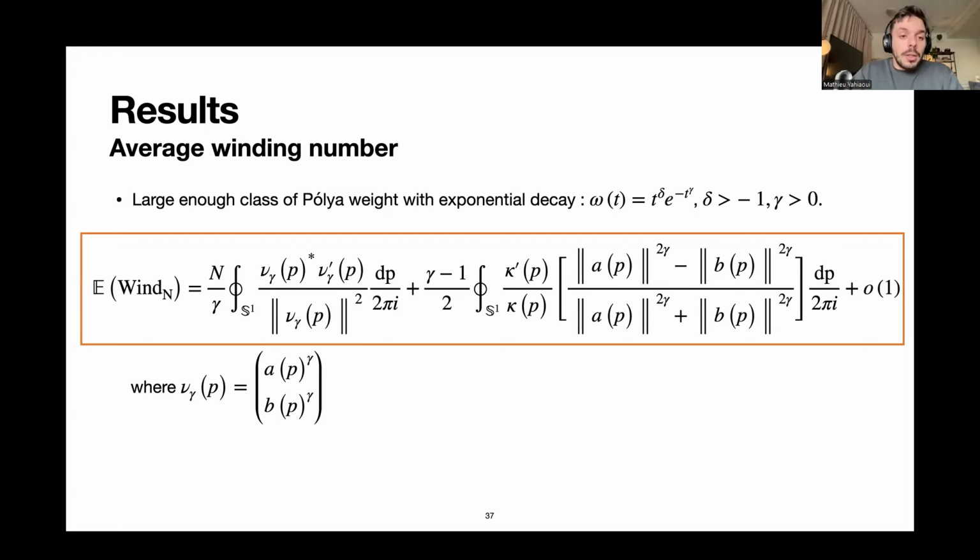In particular, the leading order term, of order n, has a coefficient which is an integral over the unit circle, right, depending on the parameter functions. In some instances, this one vanishes.